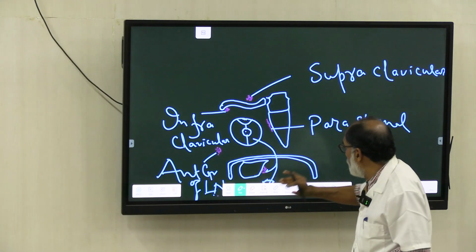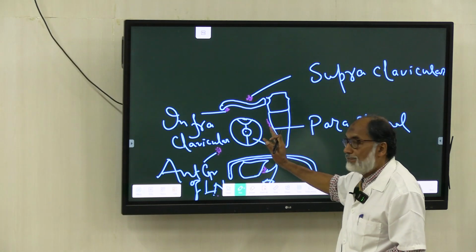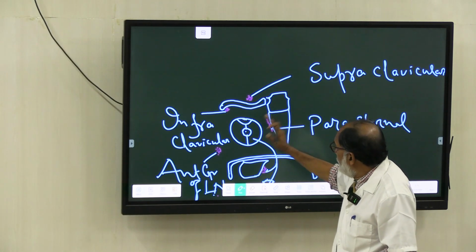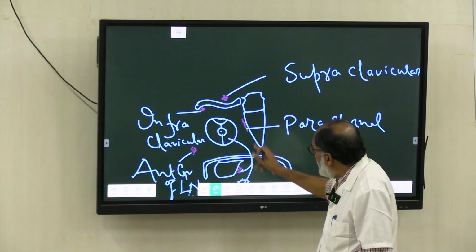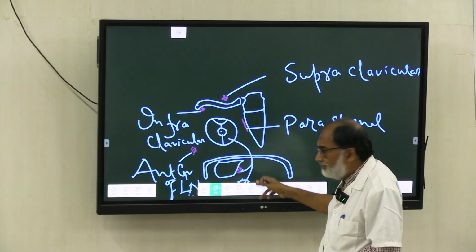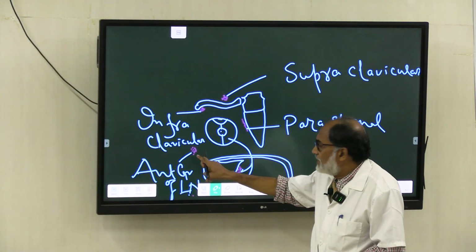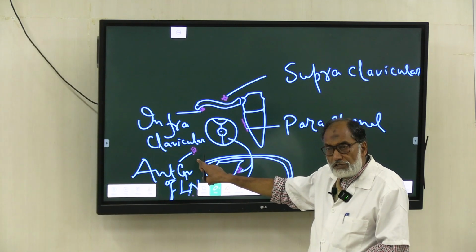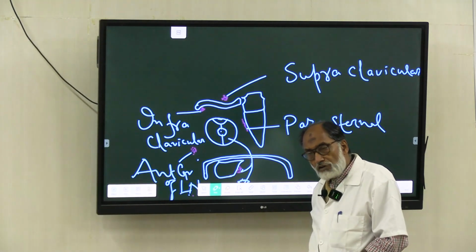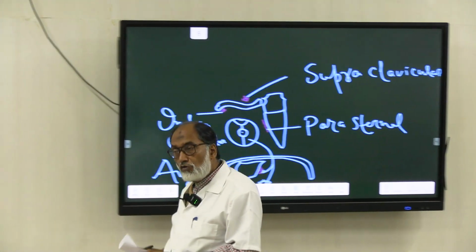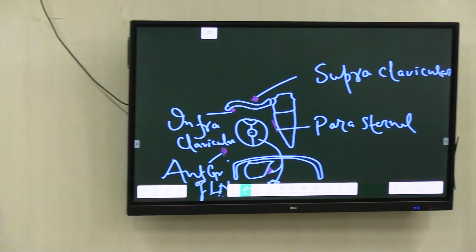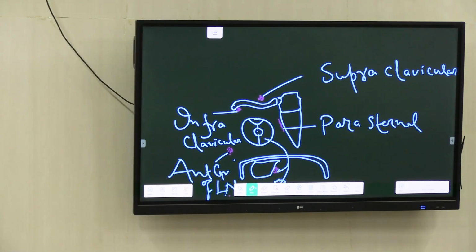This is the lymph node. This is the para-sternal lymph node. Para-sternal is by the side of the sternum. It lies along the internal thoracic artery. This is the anterior group of lymph nodes. I have already discussed that the anterior group lies along which vein?